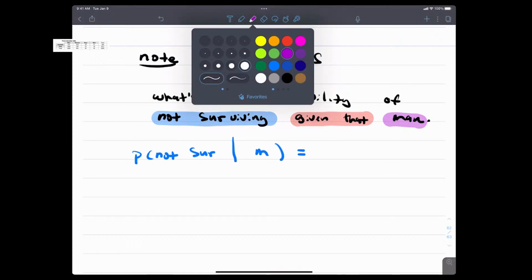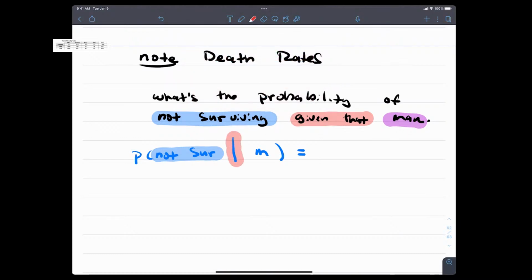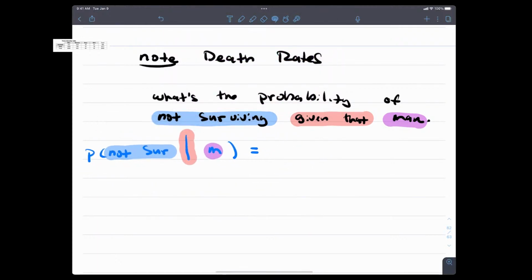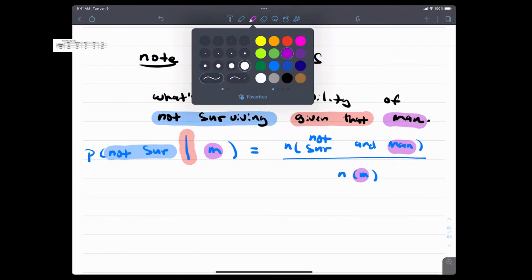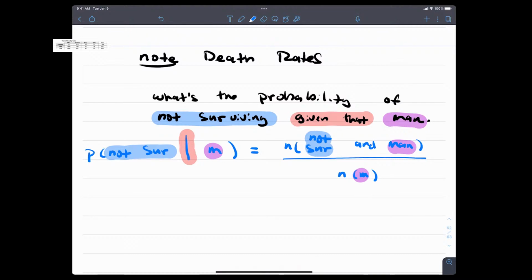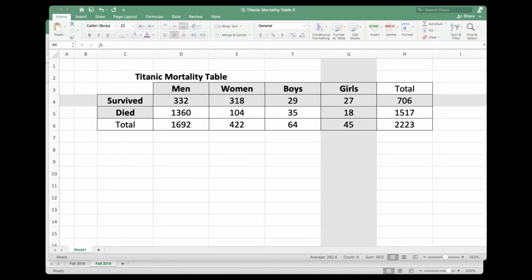So you can actually use the same definition, given you're a man. Of all the men, they want to know how many did not survive and were men. So this is the total number of men. You can still apply your definition. That's the whole idea, so knowing your definitions is really important here.